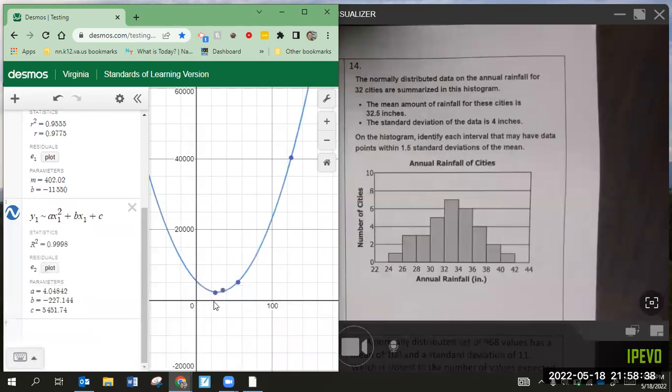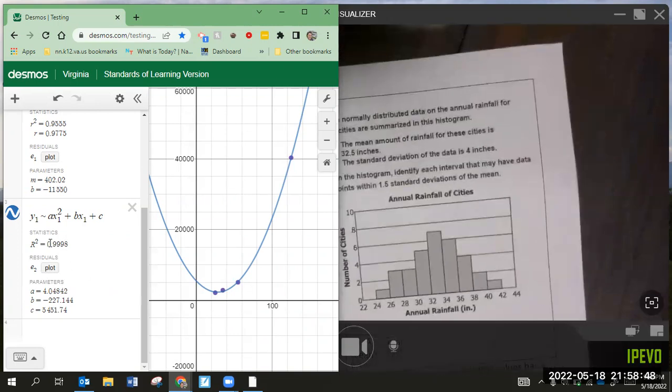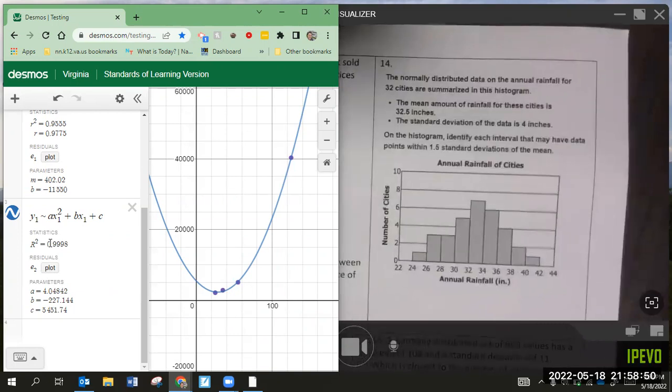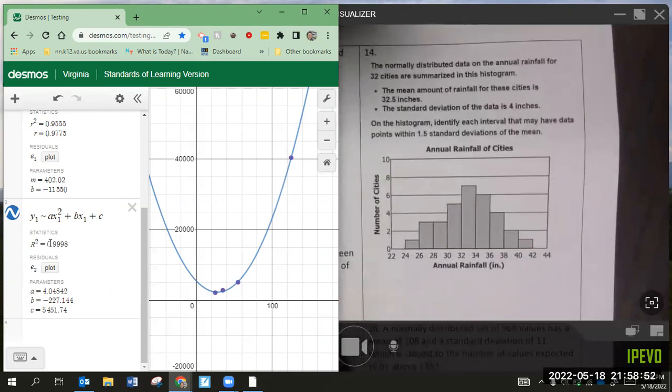Maybe something a little more like this. Aha, look at that. That looks very nice. That is looking a whole lot better. So my line of best fit is going to be probably that quadratic, which we type in to Desmos like this.